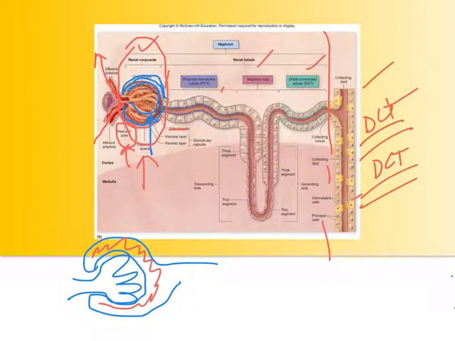Now on here it's important to see the cells, so the histology, what's going on. What I want you to notice, and I know I have this written down in some other slides, is that this is simple cuboidal epithelium, but it has what we call a brush border.